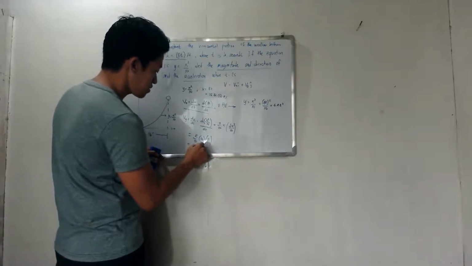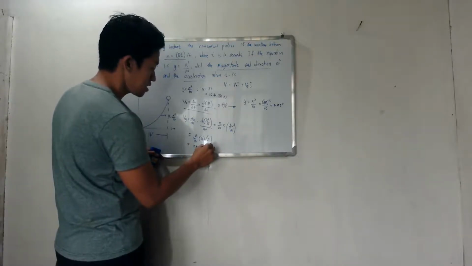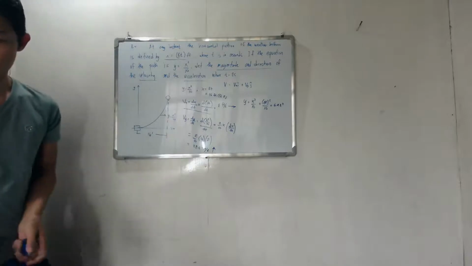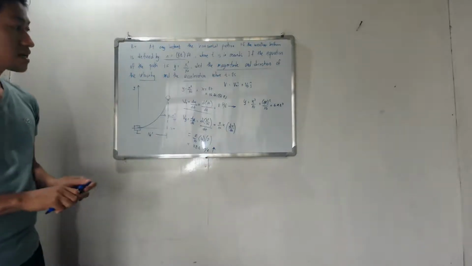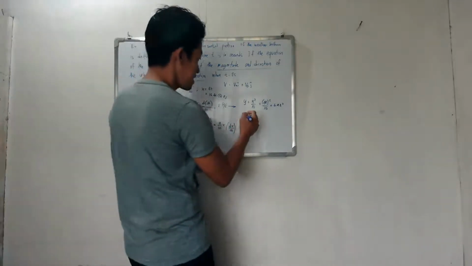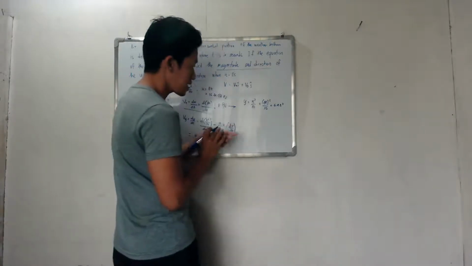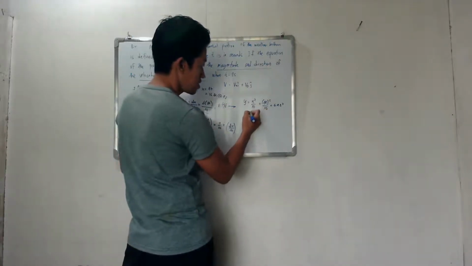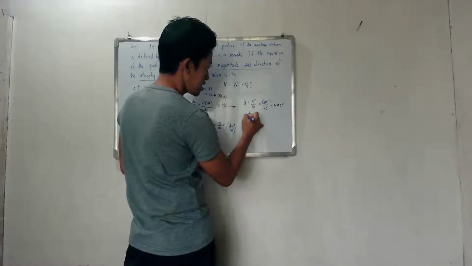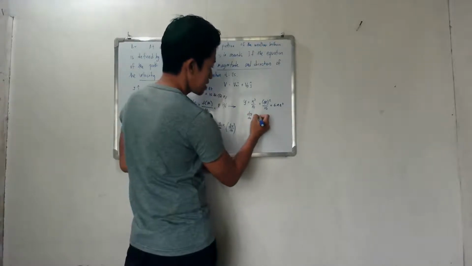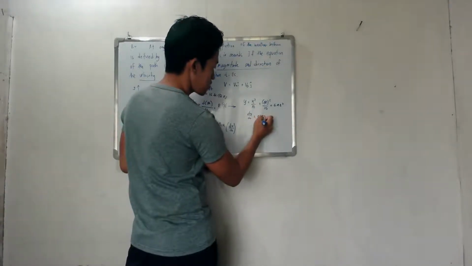25.6 feet per second. Direction is upward. Okay? And then, if we use the other equation, dy/dt is 6.4 times 2 times t.